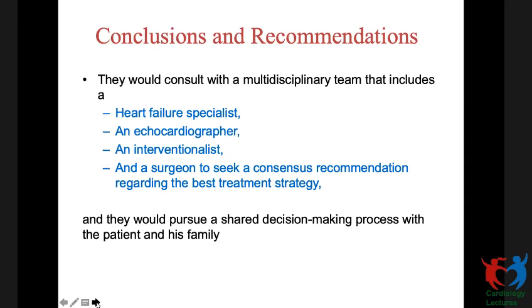They would consult with a multidisciplinary team that includes a heart failure specialist, echocardiographer, interventionalist, and a surgeon to seek a conscientious recommendation regarding the best treatment strategy, and they would pursue a shared decision-making process with the patient and his family.